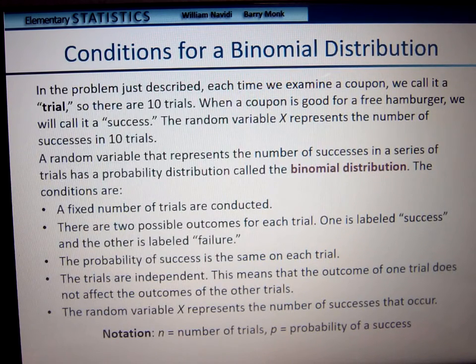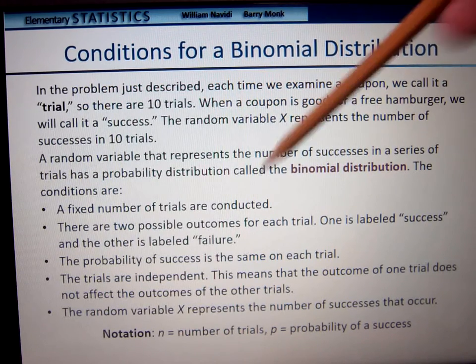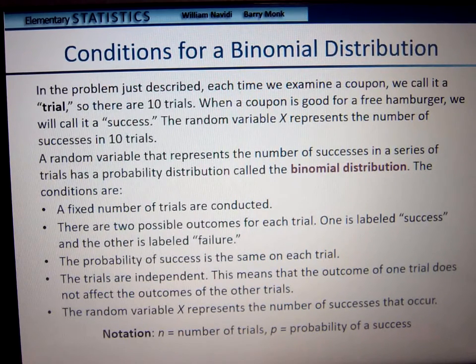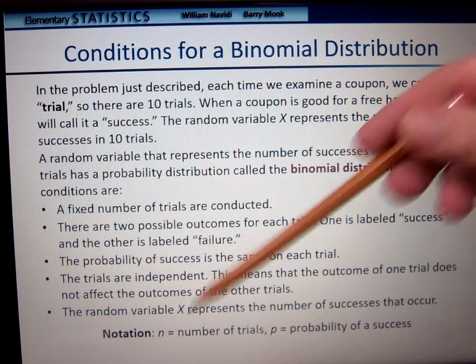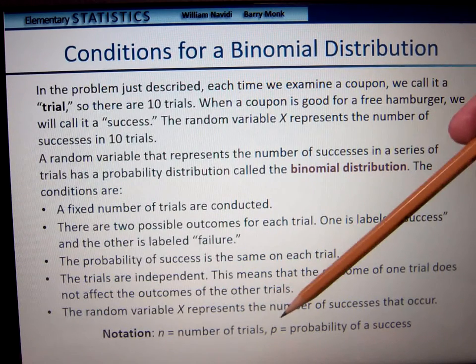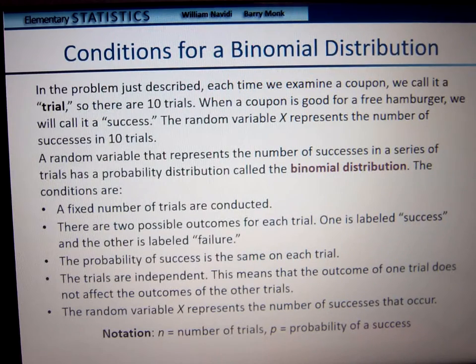There are 2 possible outcomes for each trial. One is labeled a success, the other is labeled a failure. The probability of success is the same on each trial. The trials are independent, and that means that one trial doesn't affect the outcome of the other. And the random variable X represents the number of successes that occur. So the notation is N is the number of trials, P is the probability of a success.